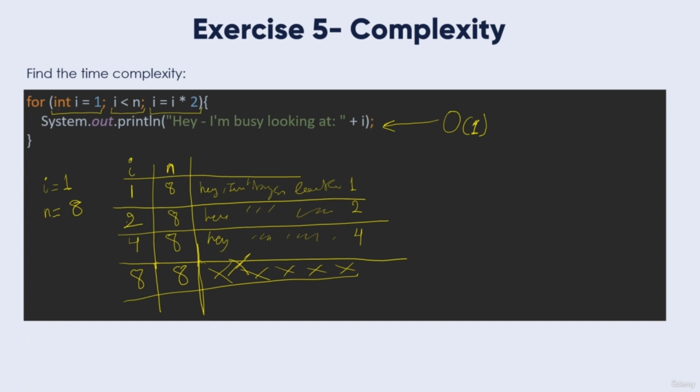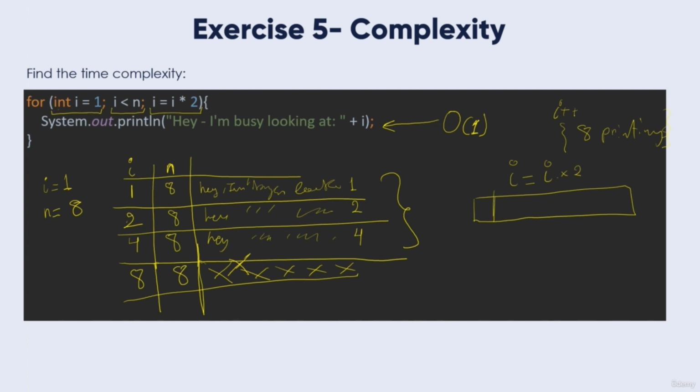Okay? So what this means to us is executing 3 messages instead of 8. If we didn't have i equal i times 2, if we thought about i plus plus, then we would need 8 printings. 8 printings, okay? But here with i equal to the old i times 2, we are jumping.